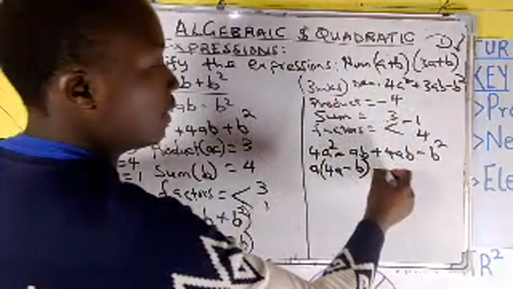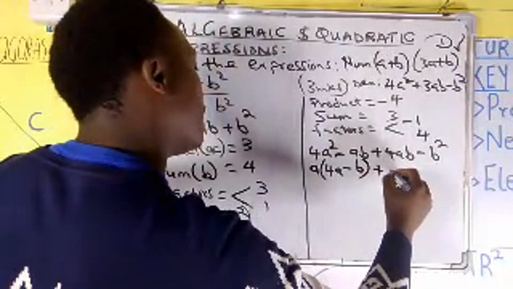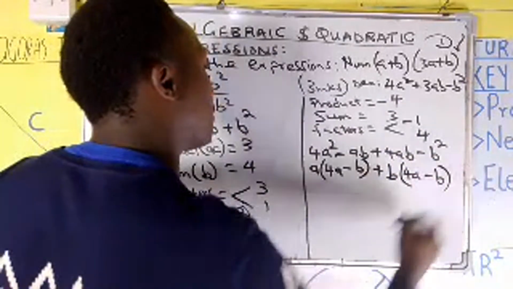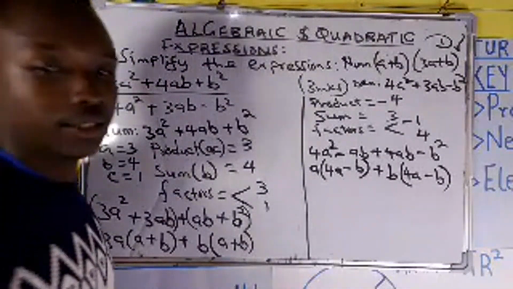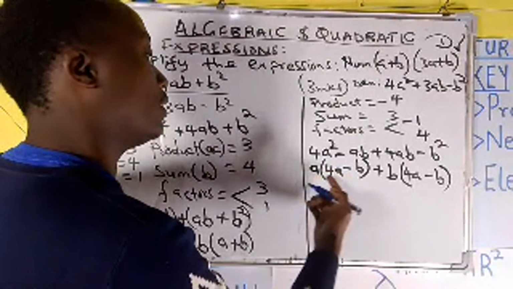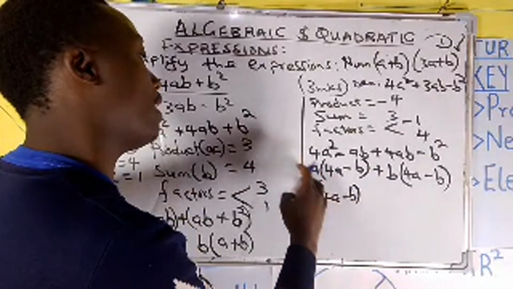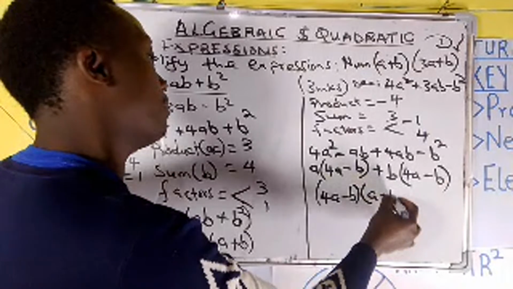In the second one, the common factor between 4ab and b squared is b, so we will have 4a minus b in our bracket. We now take one bracket, 4a minus b, and whatever is outside the bracket, which is a plus b.